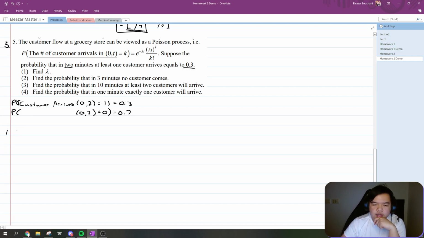So here we have t equals 2, and we have k equals 0. So what does that mean for us? We look at the formula. We're just going to plug in t and k to find lambda. So all this is going to equate to 0.7 with this condition, k equals 0, time equals 2.